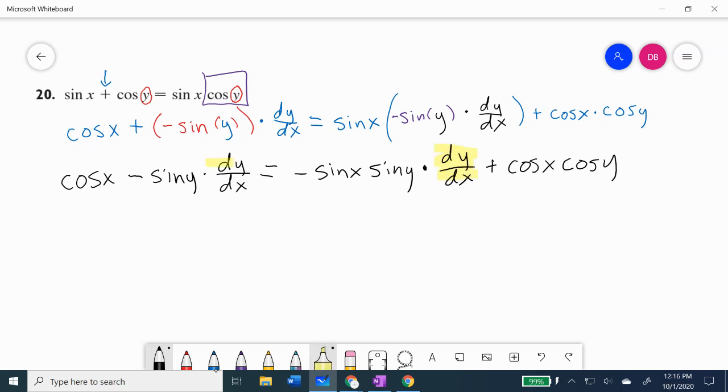Look for your dy dx's. Look at who they are factors in, and then start that isolation process.